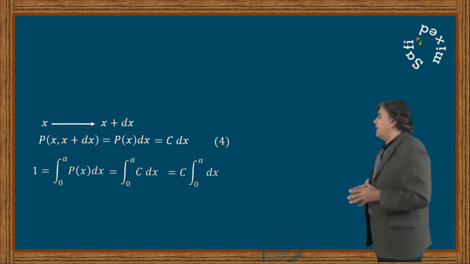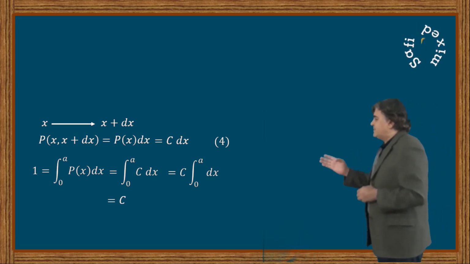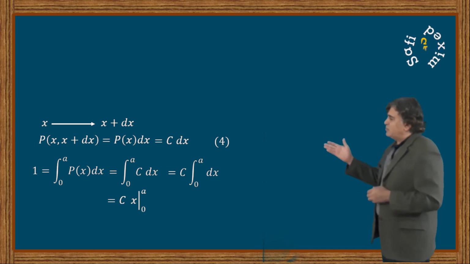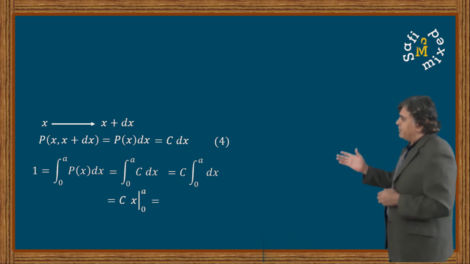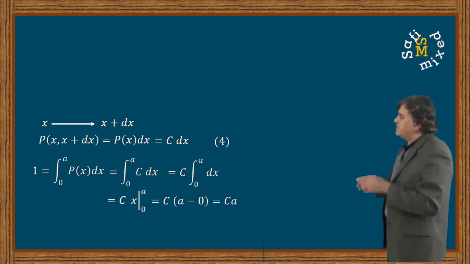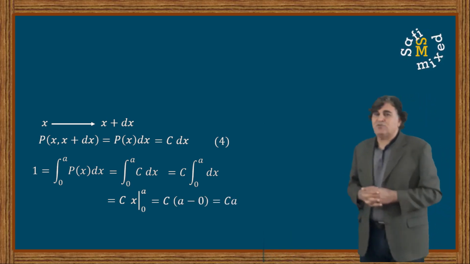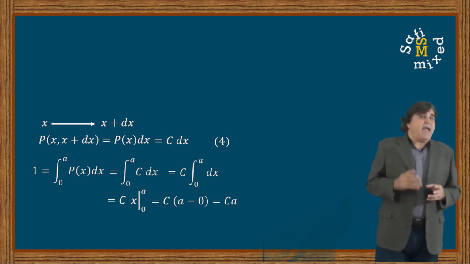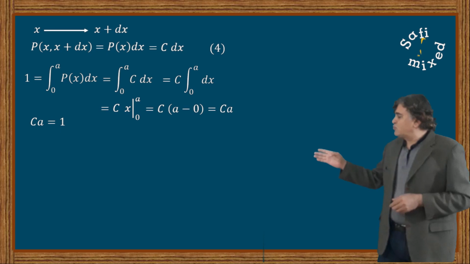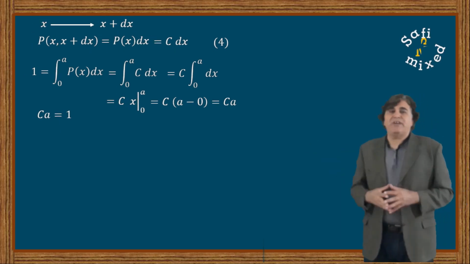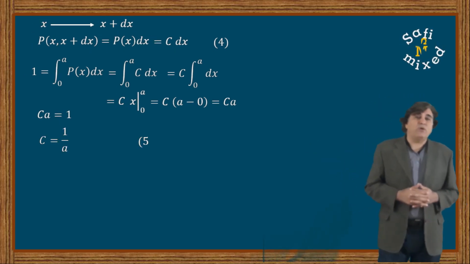Applying the integration, I get C times x with limits from 0 to a, which substituting the limits gives C times (a minus 0), and that reduces to C times a. Rewriting the equation as C a equals 1 and finding the value of C, C equals 1 over a.